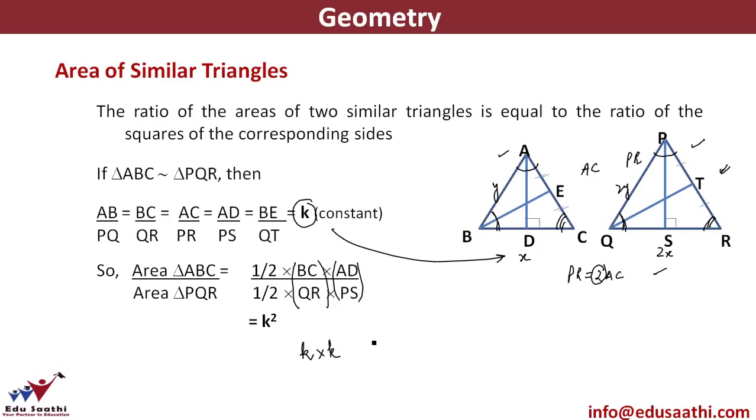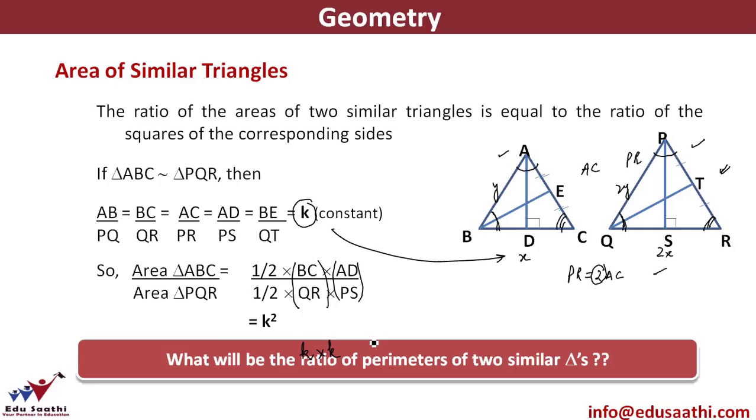It will be the square of the ratio of their corresponding sides. So let me imagine there are two triangles which are similar to each other. The sides of the second triangle being 3 times of the first, the area of the second triangle would be 3 square, 9 times that of the first.